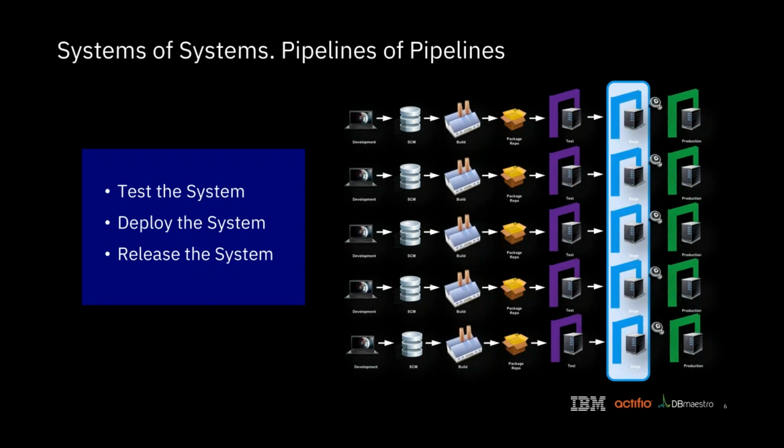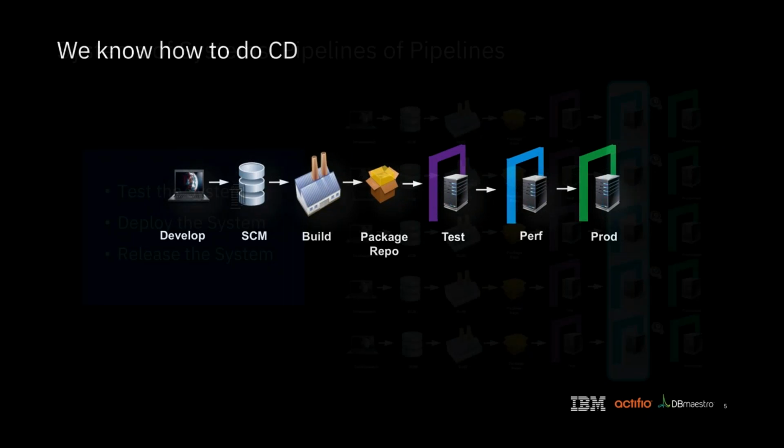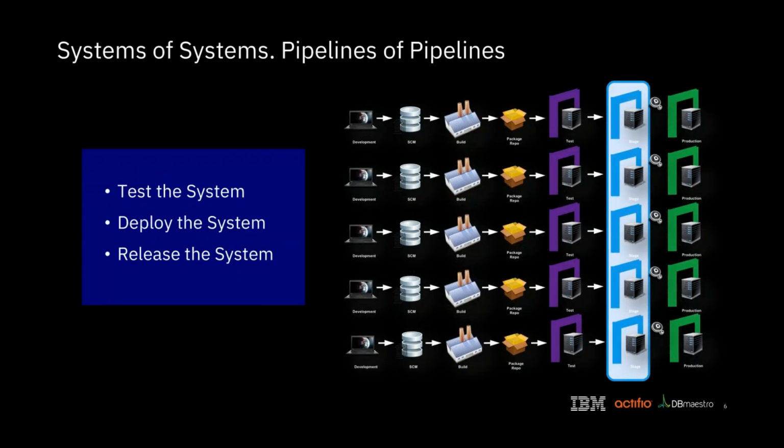Our applications, at least most of them, have a lot of moving pieces, and we test all of those pieces together. And then we tend to release those pieces together in some coordinated fashion. And so while this pipeline is really easy to wrap your head around, a pipeline of pipelines, where you're orchestrating it, testing the system, deploying the system, and releasing the system, is a little bit more complex.